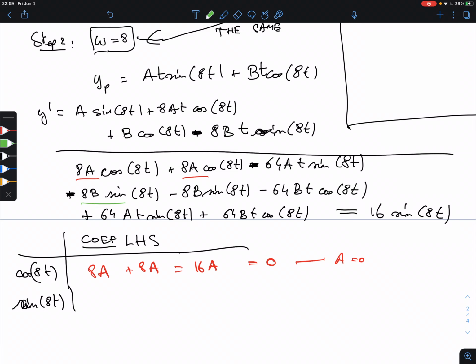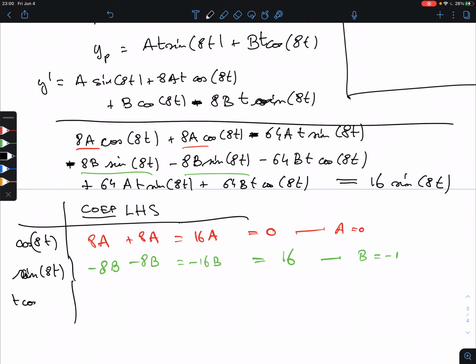Sine 8t, we would have this one, minus 8b. Another one, minus 8b. And that's the only two sines. And the other side, this is 16. So we get minus 16b equal to 16, so we see that b is negative 1. Professor, this doesn't look good. We have already a and b, and there's still two more things to go. Let's see what happens.